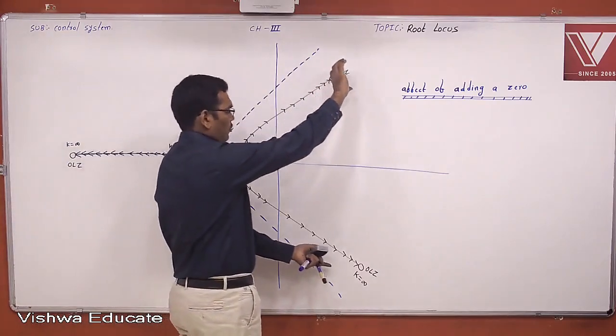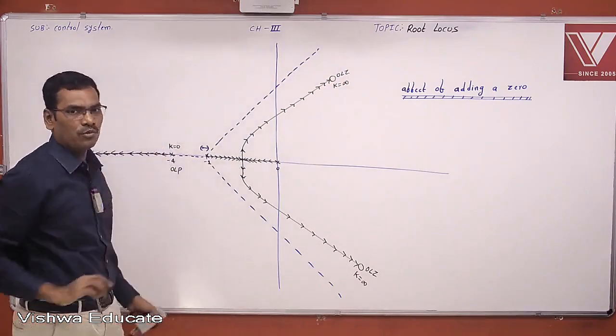Now the root locus branches are completely shifted to the left hand side.